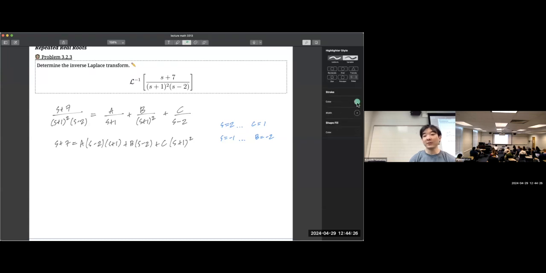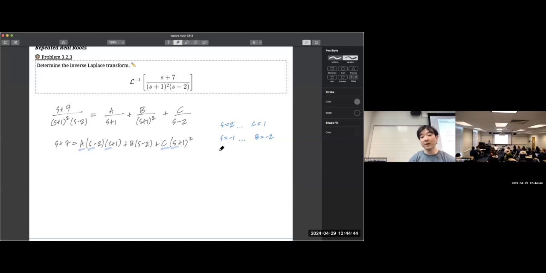But you still have to find what a is. And I'm going to do the same thing I did before. If I were to multiply out and just care about the s squared terms, this one doesn't have an s squared term. But this a and this c do have an s squared term.